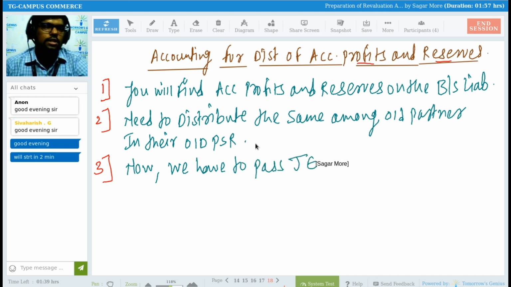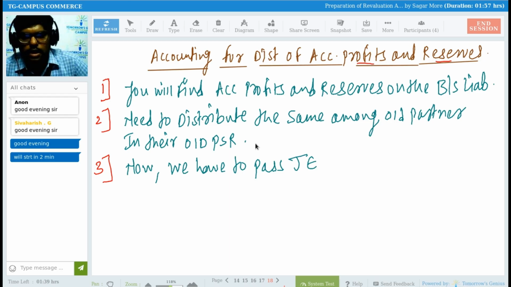If I am supposed to pass a journal entry, and this accumulated profit and reserve belongs to the partners, then which account do we prepare for partners? Revaluation account? No, revaluation account is not for partners. For partners, we prepare partners capital account and partners current account, right?